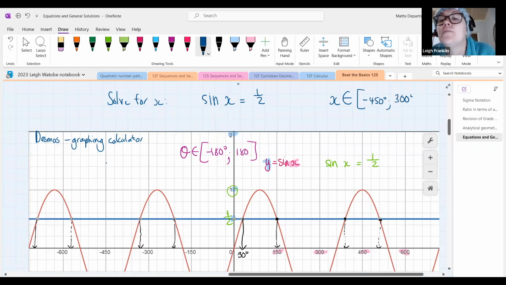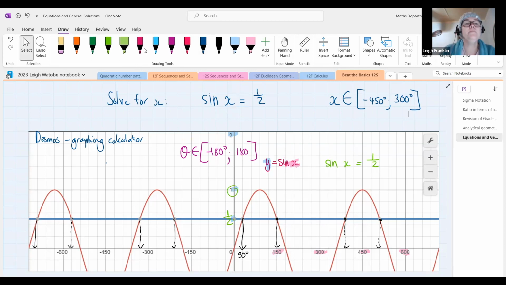Let's do that using the graph that's in front of us. So it asks us to solve for x: sine x equals a half, x is an element from minus 450 to 300.